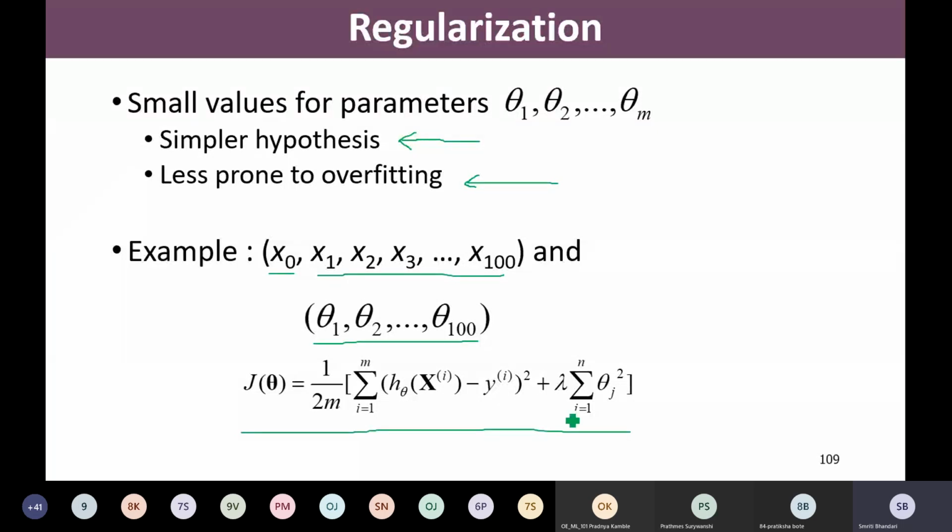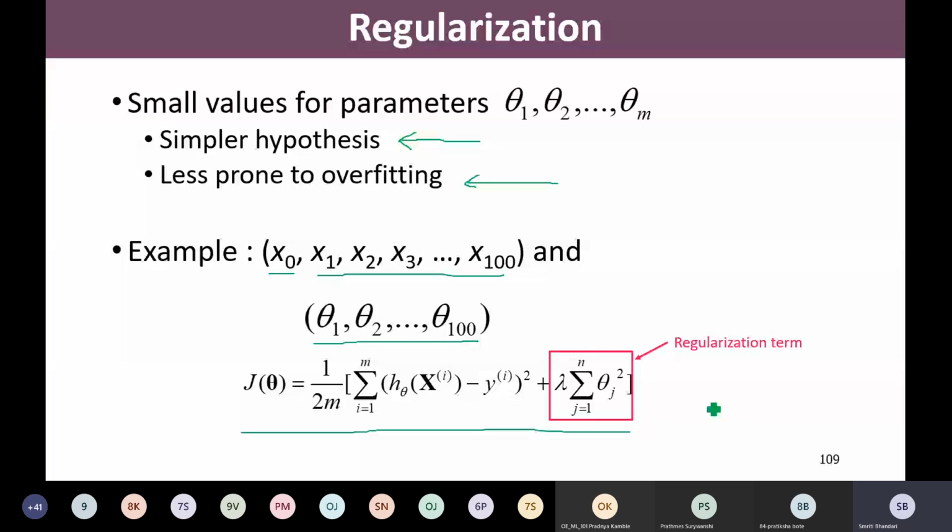In this cost function, we are going to add this term lambda times summation over j equal to 1 to n theta j squared. This term, lambda summation over j equal to 1 to n theta j squared, is known as the regularization term.